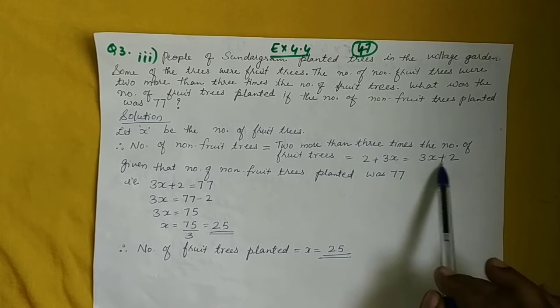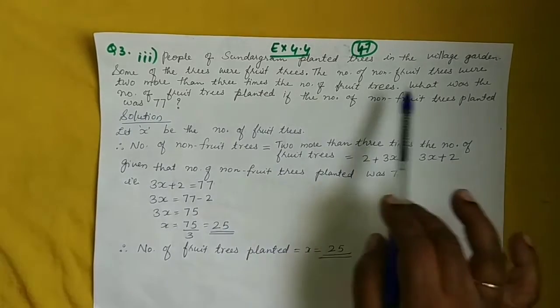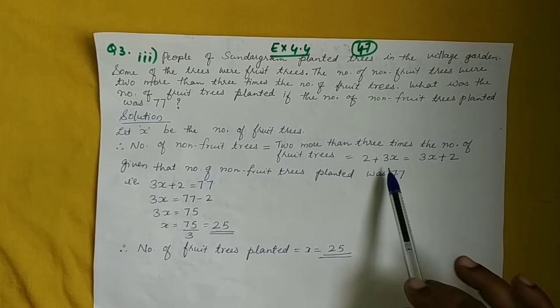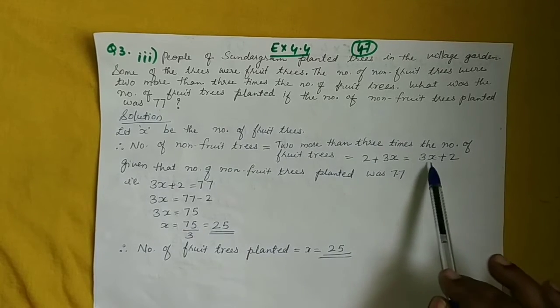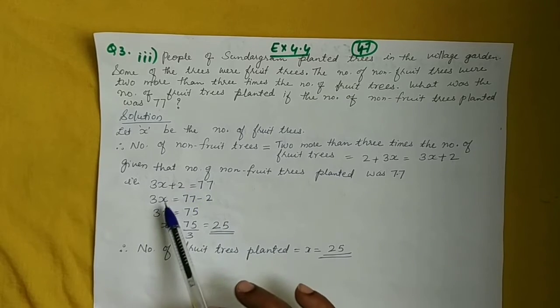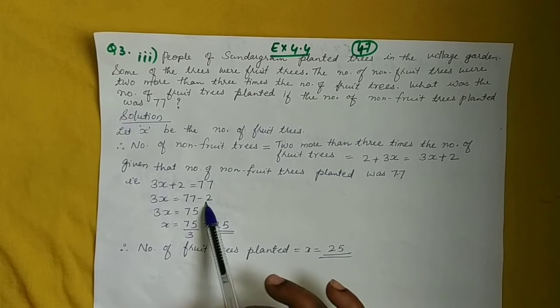That is also given as 77 in the question. So these two are equal because both are representing non-fruit trees only. So we can write 3x plus 2 is 77. So 3x is what? 77 minus 2. This plus 2 is taken from LHS to RHS.